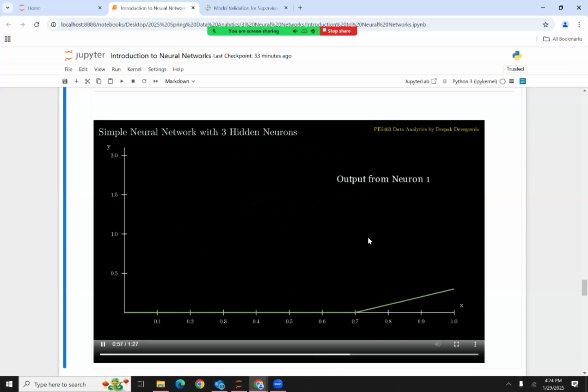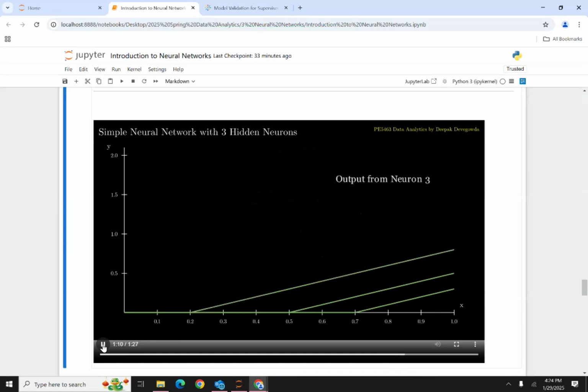So if I want to plot what happens with the entire neural network, I can see what happens with the output from neuron 1, the output from neuron 2, and the output from neuron 3. And of course, these outputs correspond to the weights and the biases that we randomly chose. If we had chosen different weights and different biases, they would all look different.